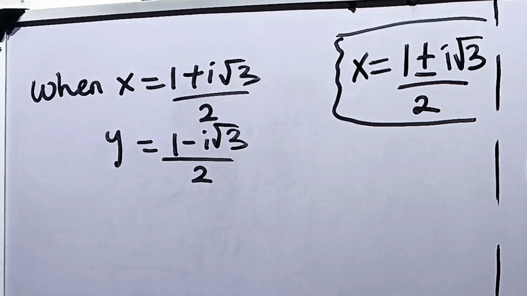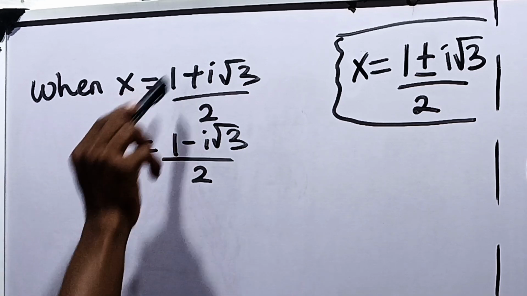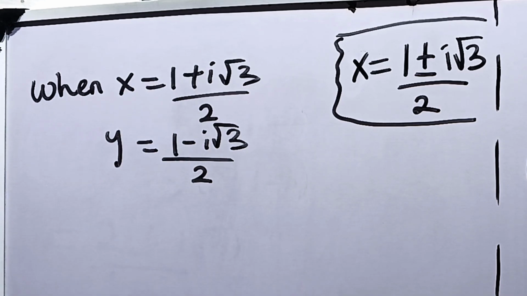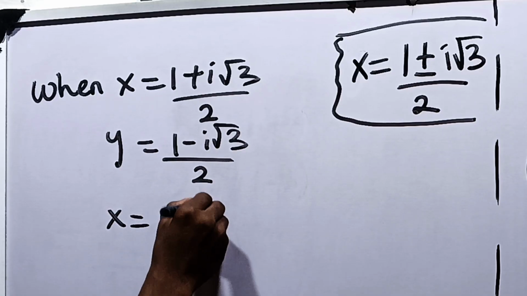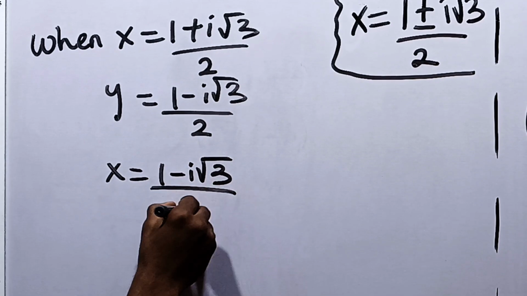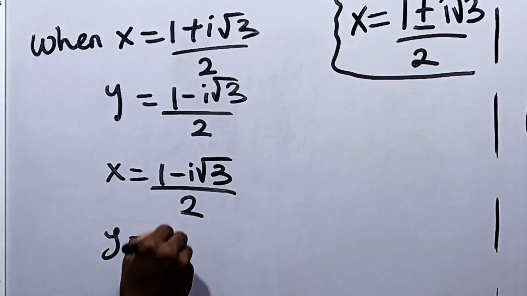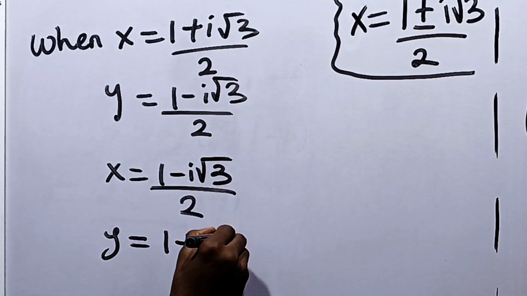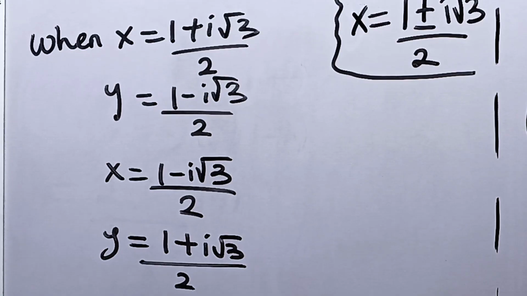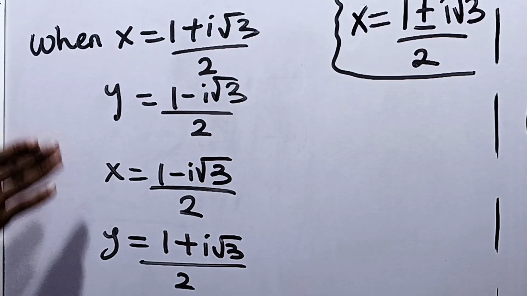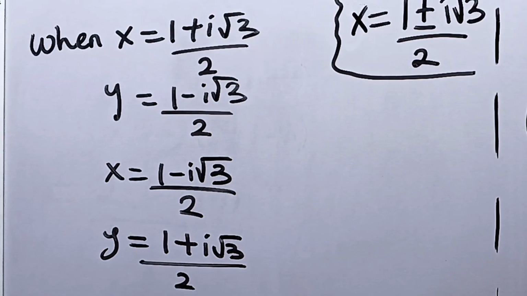The only difference between them is the sign. So when this is plus, this is minus. Invariably, this means that when x is equal to 1 minus i root 3 over 2, y would become 1 plus i root 3 over 2. So these are the answers: two answers each for x and y in this question.